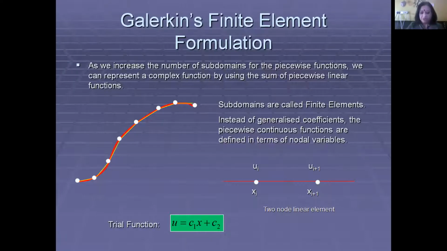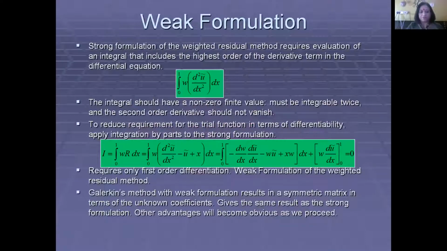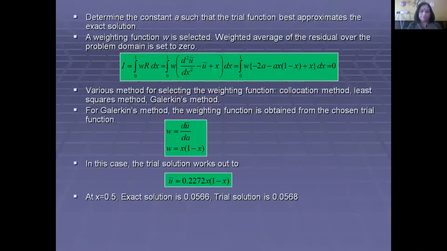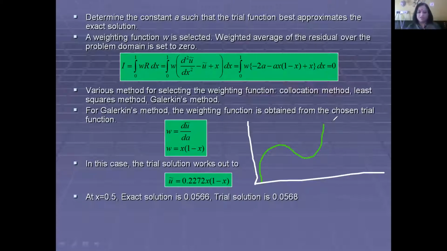Okay, let me not use this curve. Let me try and draw this. Let's say this is the curve. This is your XY axis, very badly drawn. And let us imagine this curve, I do not know the nature.